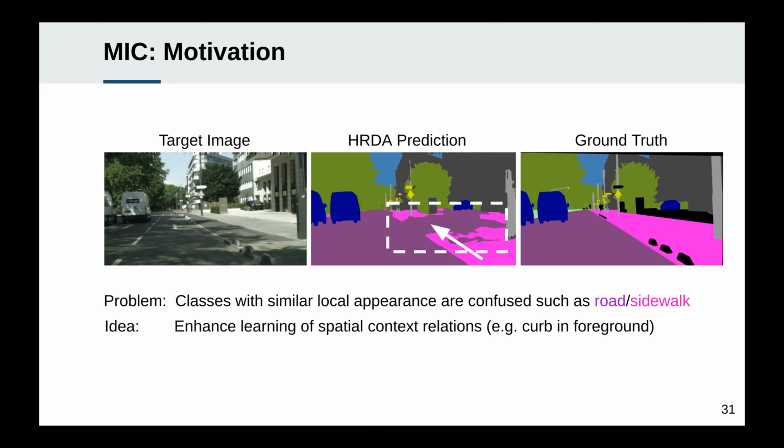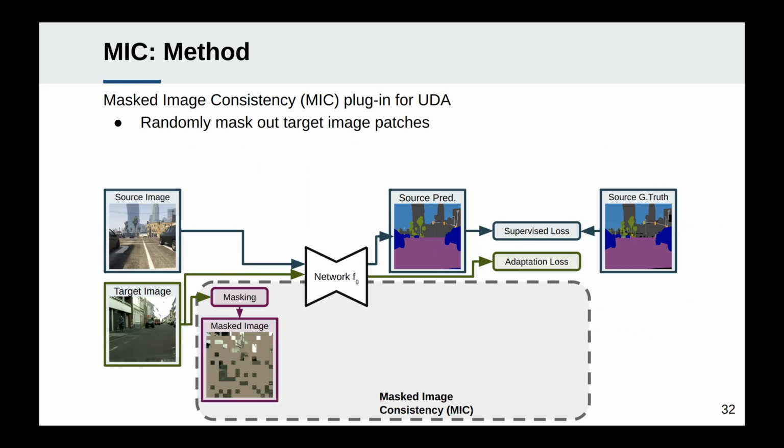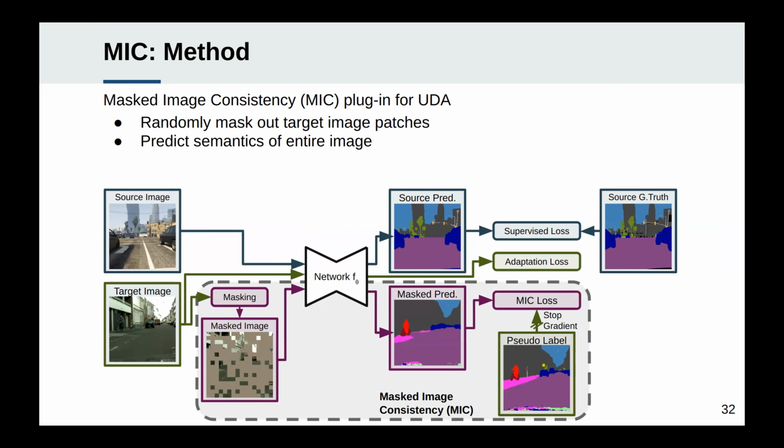And in order to push the network to utilize this context information, we basically came up with a masked image consistency plugin for UDA. It's inspired by masked image modeling, which has been shown to be a very good technique for self-supervised pre-training, but we did a few modifications here to use it for domain adaptation. The general method is you randomly mask out patches of your target image, and then you try to predict the full semantic segmentation.